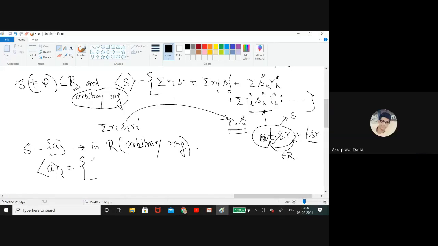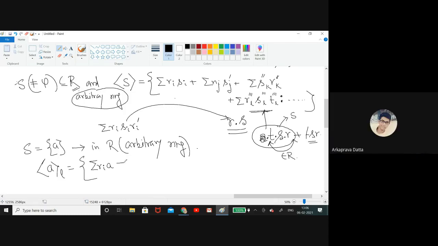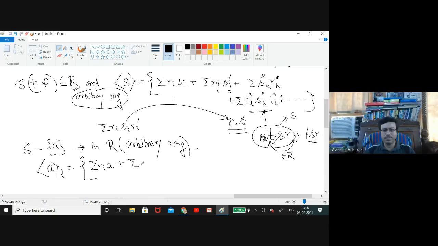The summation RiA plus summation NiA. Good. But you might have some simplification of this. So for i equal to 1 to 3, you can write R1A plus R2A plus R3A.